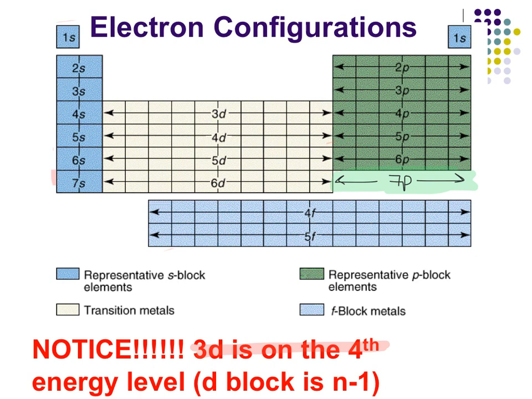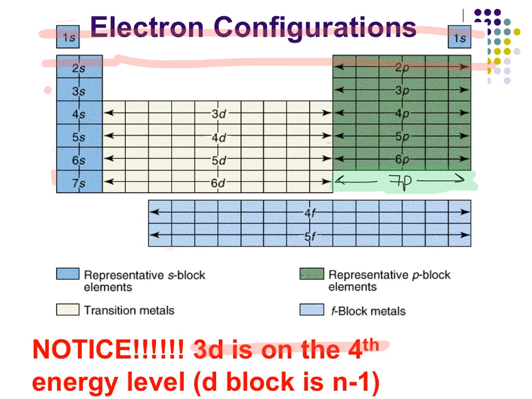Okay, let's go over the order. I'm going to do this once, but feel free to rewind as many times as it takes. The idea is that we start here at the top, and we would read from left to right, top to bottom. So my first orbital would be the 1s. Then I'm going to start on my second energy level at the left. My second orbital would be 2s. I'm going to go across, and my next orbital would be 2p.